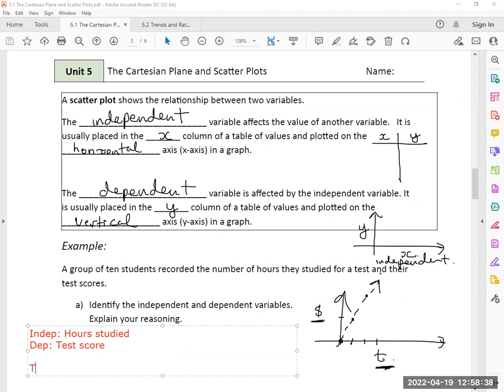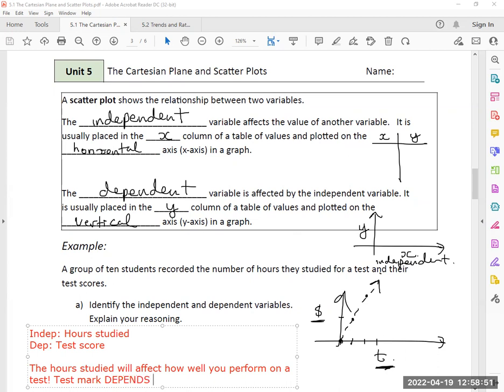You can say the hours studied will affect how well you perform on a test. So test mark depends on hours of study. So you know what dependent is and you know what independent is.